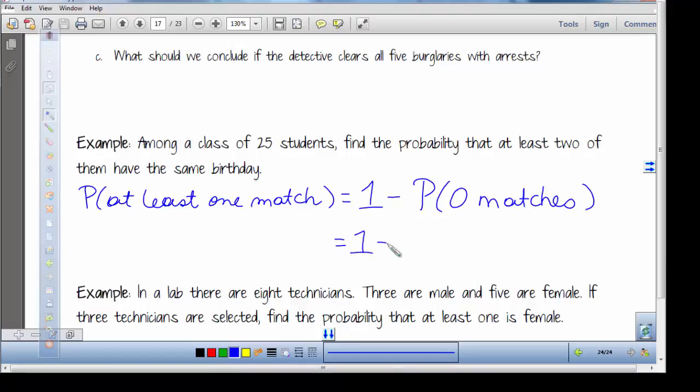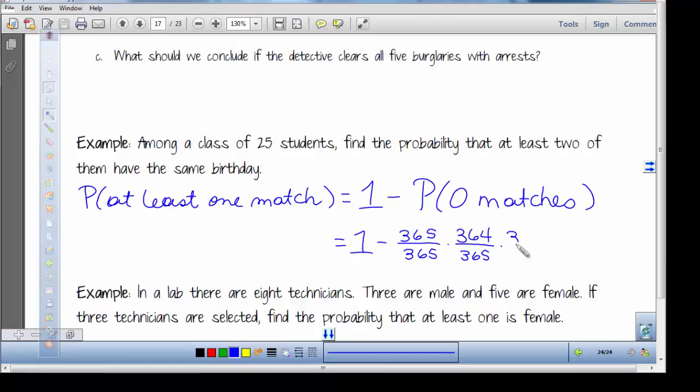Okay, so if we have 0 matches, we've got 25 people. Let's start with the first. Because he's the first, it doesn't matter which day his birthday is. He can choose, or not really choose, but his birthday could be any day of the year. We don't have a problem with that because he's the first. However, if the second person is not going to match the first, then there are only 364 days out of 365 that would work for that.